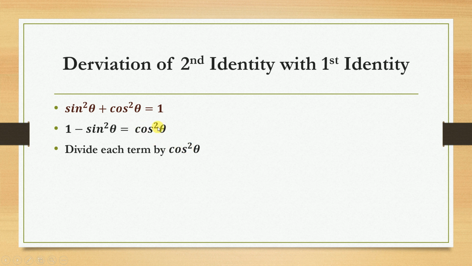So what is the right hand term? Cos square theta. Divide each term by cos square theta. What happens? 1 by cos square theta minus sin square theta by cos square theta is equal to 1. What is 1 by cos square theta? We have already learnt it is sec square theta, and also we have learnt sin by cos is tan. So our second identity is obtainable easily with the help of the first identity.